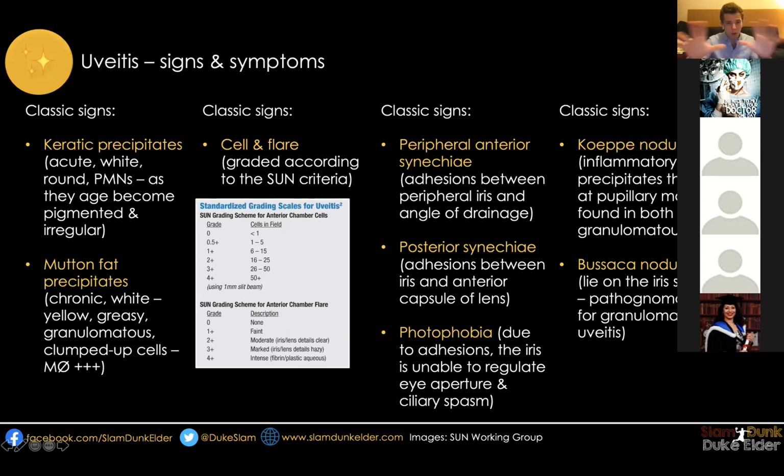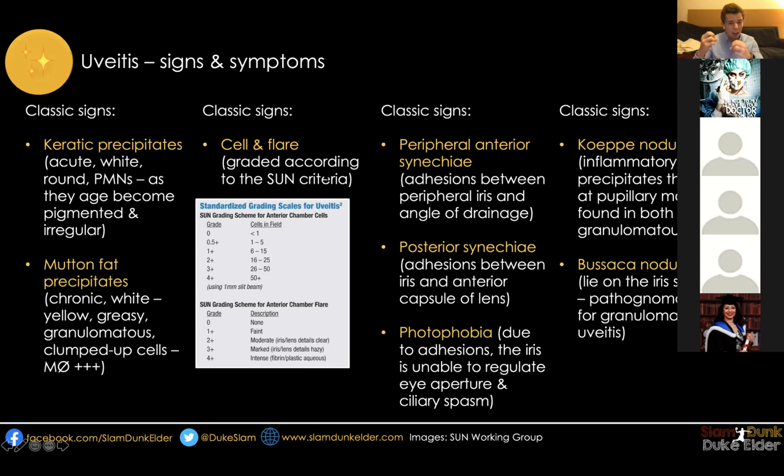And that explains all these symptoms that you might see. So precipitates deposit, okay? If it's an acute infection, then they'll get keratic precipitates, little small ones that are white in nature. But if it's a chronic or granulomatous condition, you tend to get mutton fat precipitates. These are clumped together cells, okay? And they look a bit less white. They're more greasy, yellowy, darker, kind of scales of gray, etc.